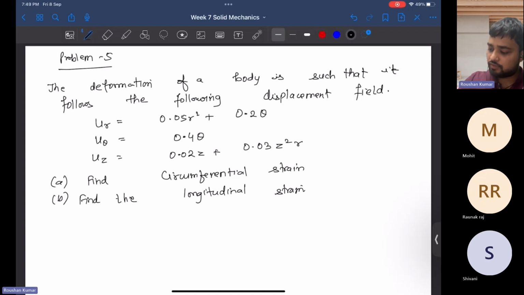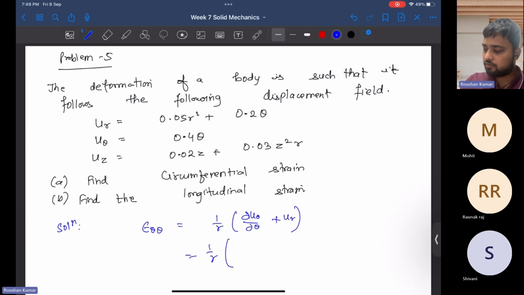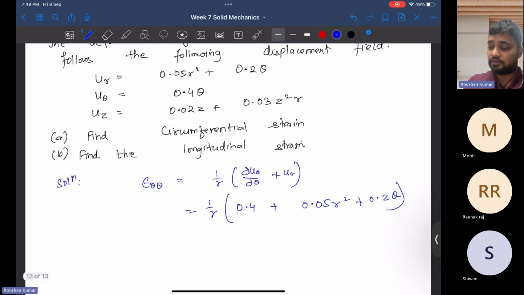So we have two questions for this problem. The first question is to find the circumferential strain, and the second question is to find the longitudinal strain. Okay, so circumferential strain is nothing but epsilon theta theta, which is given by 1 by r del u theta upon del theta plus u_r. And what is u theta? 1 by r times 0.4 theta, which gives 0.4, and u_r is 0.05 r square plus 0.2 theta. So this is the value of epsilon theta theta, that is the circumferential strain.